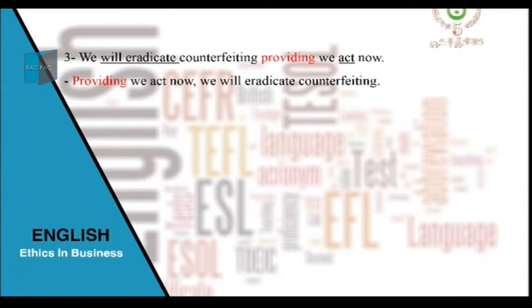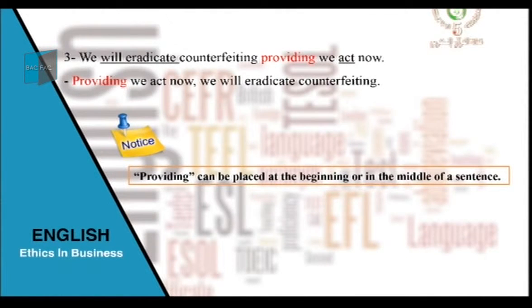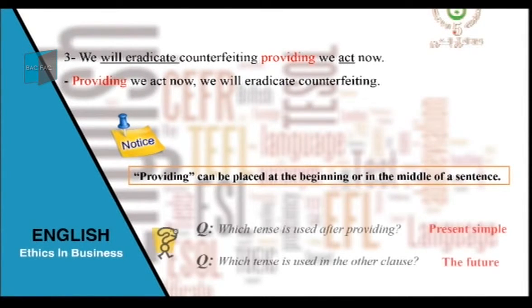What do you notice? Yes, providing can come in the beginning of the sentence or in the middle between the two clauses. Now focus on the underlined verbs. Which tense is used after providing? Good, the present simple. And which tense is used in the other clause? Right, the future.